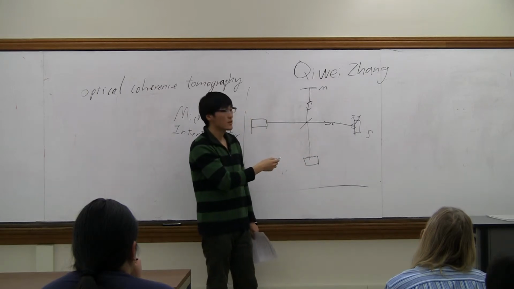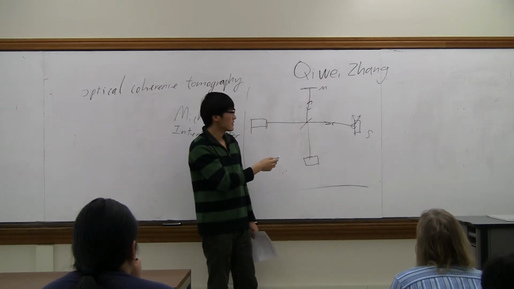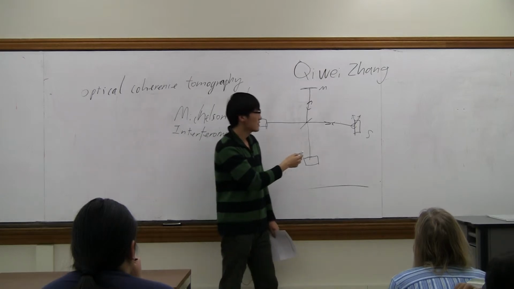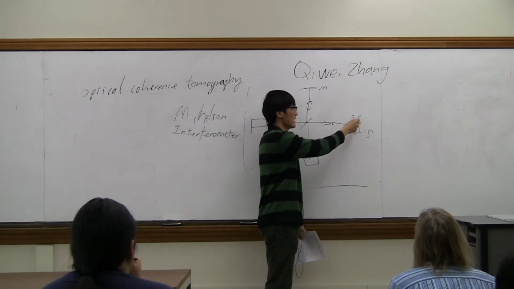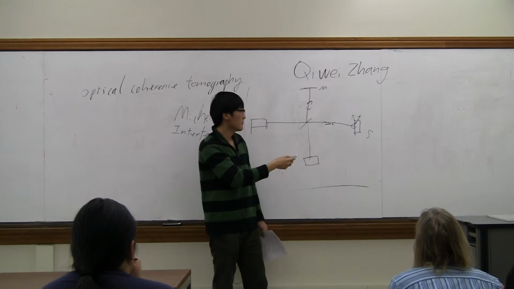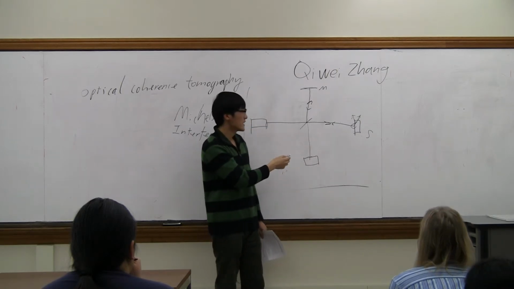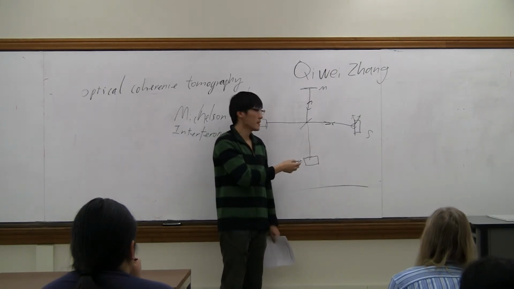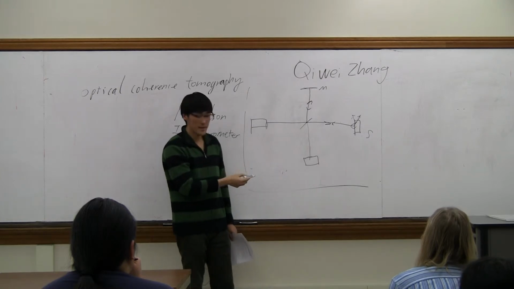It can reject the photons that are scattered multiple times. So the OCT can build a clear 3D image.